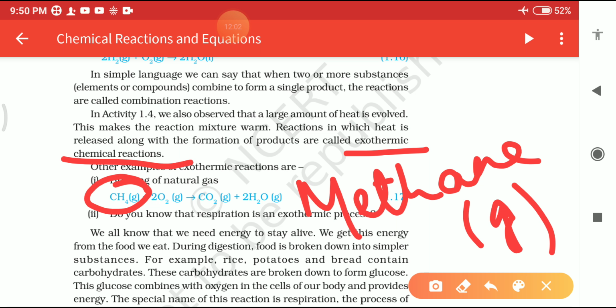When methane comes in contact with oxygen, or we can say when methane is burned in the presence of oxygen, then it releases carbon dioxide gas and water also.